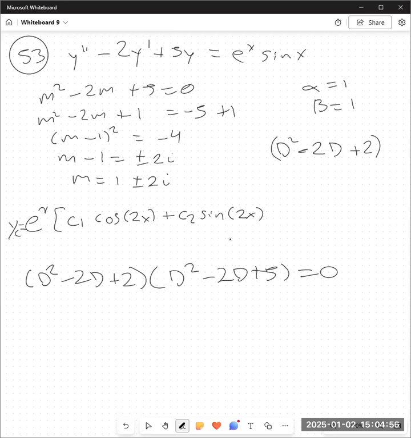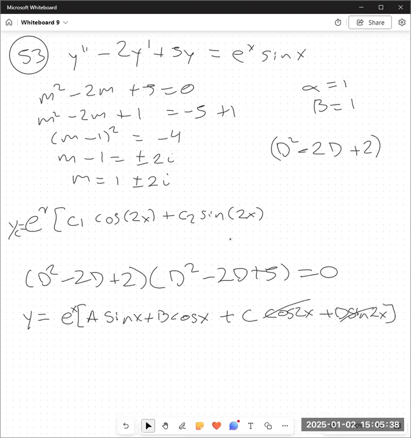So this is going to be y equals e to the x times a sine x plus b cosine x plus e to the x times c cosine 2x plus d sine 2x.